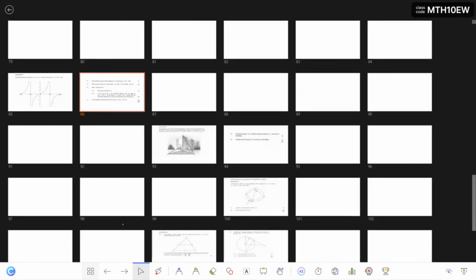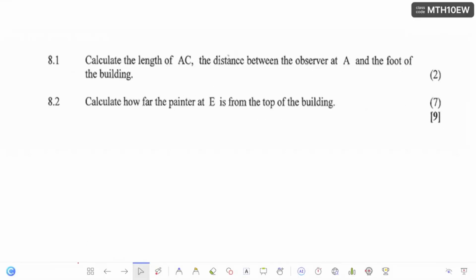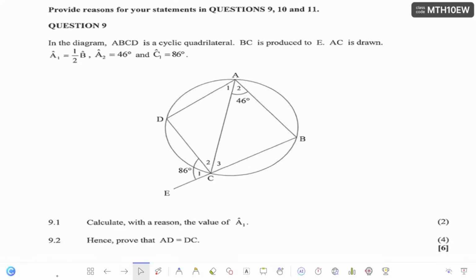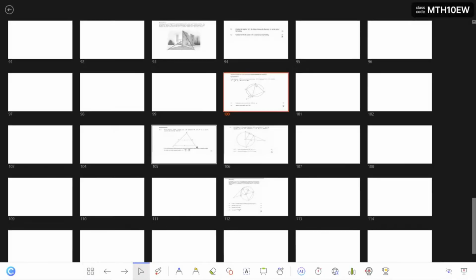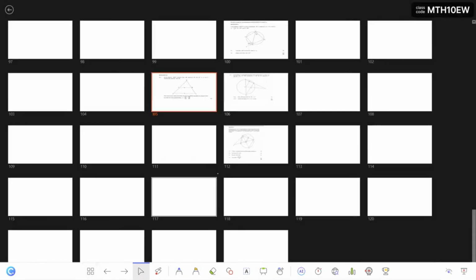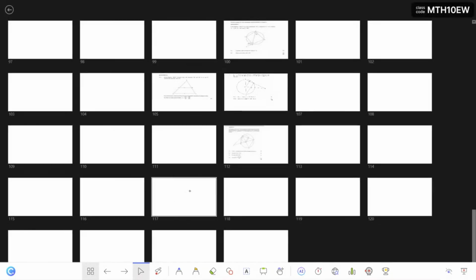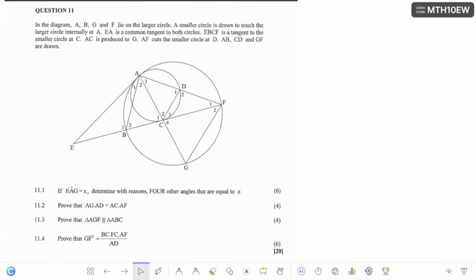And we still have question 8, which is this one. And question 9, which is the circles. And question 10, proportionality. This is just a proof. You need to know your proofs. I'm not going to show you this one, I'll skip this one. And we also have this one, and we also have this one.